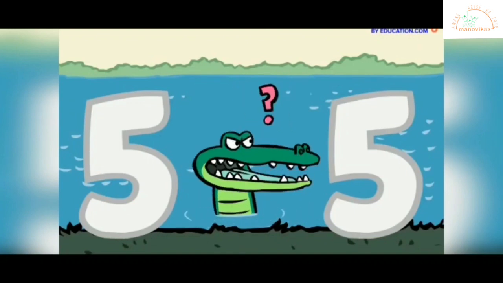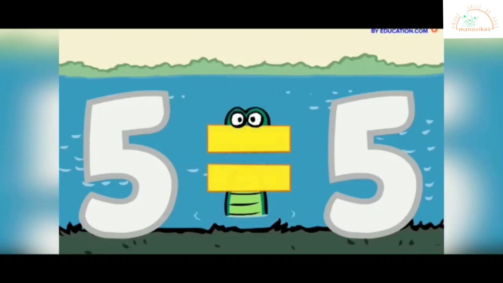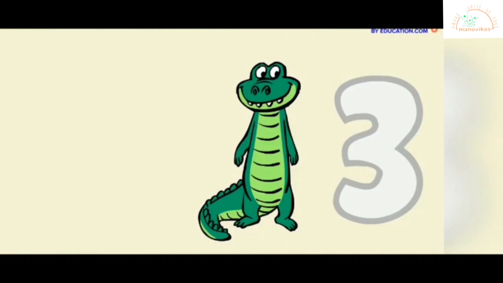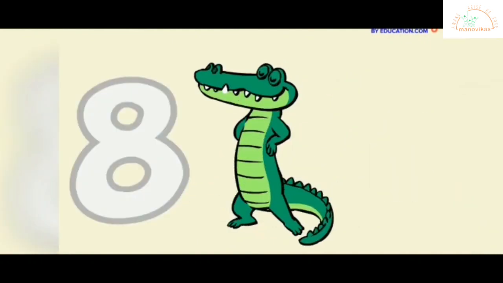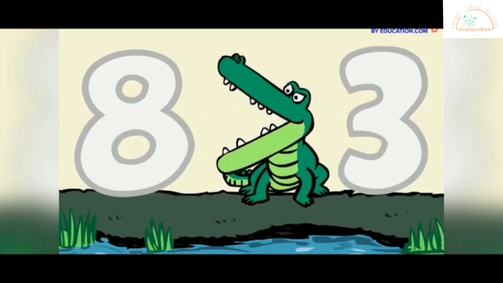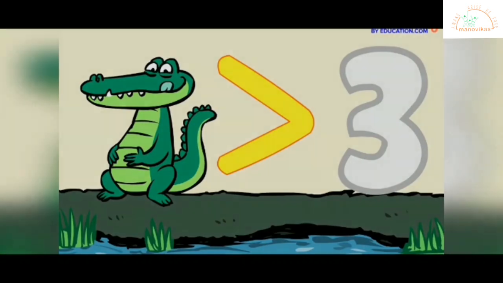Because she isn't sure exactly how to dine, she stands right in the middle as an equal sign. Number gators like to eat what's greater. They turn their backs on what is less. Their mouths open wide for the bigger side, and they munch down the whole great mess.